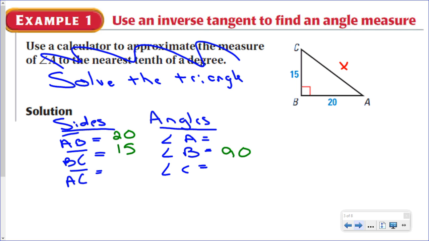I'll put an x right there, and I'm going to use the formula x squared equals 15 squared plus 20 squared. X is my hypotenuse, that's why it went all by itself. I'm going to punch in the calculator and get the answer. I got 25. So x equals 25.